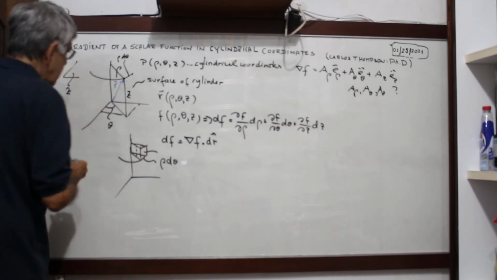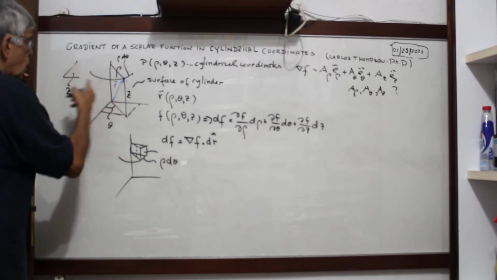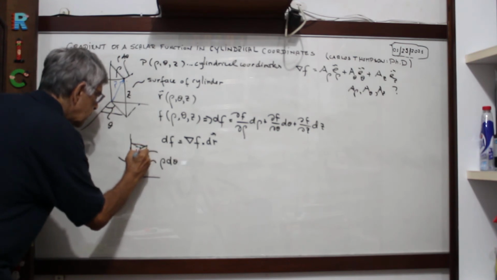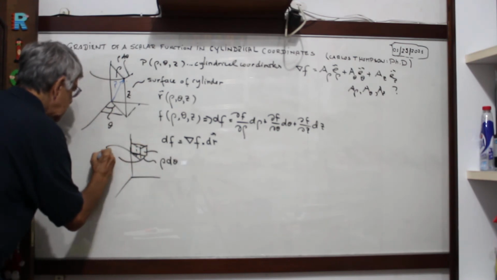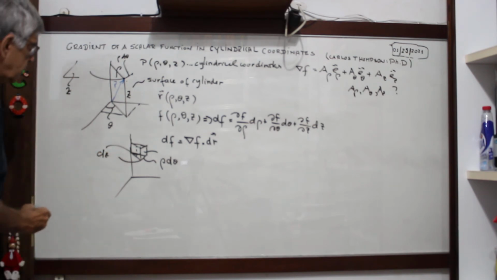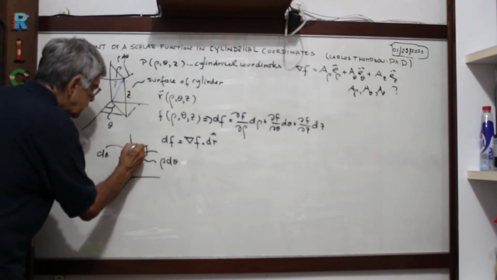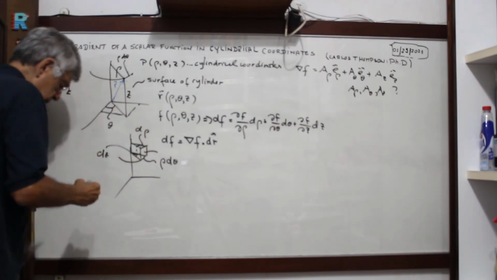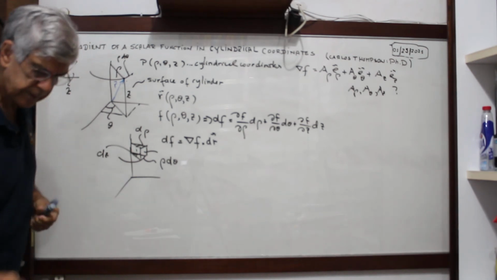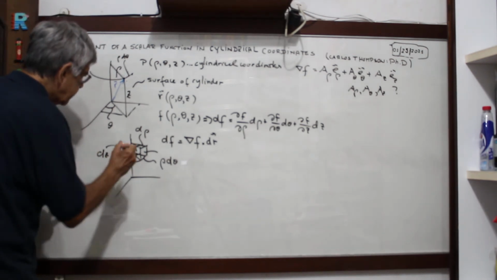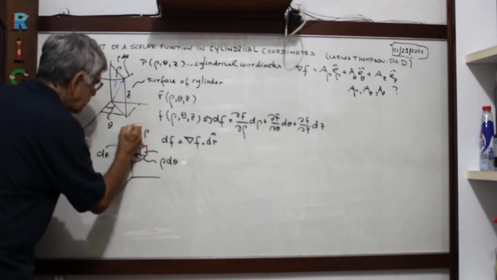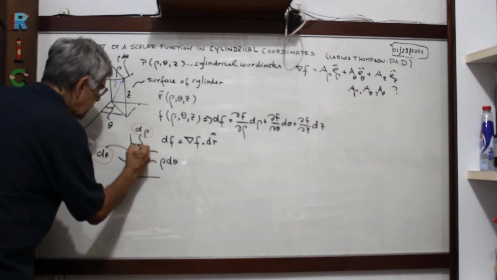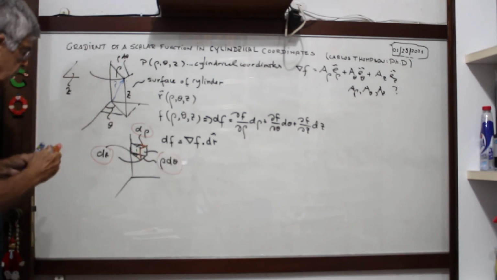The length over here will be dz. And this over here is d rho. So let's put colors on this. This is my length d rho. This is my length dz. And this is my length rho d theta.